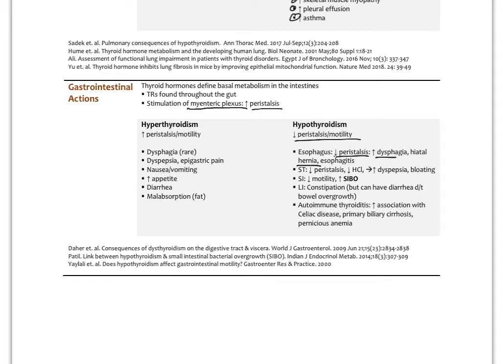In the stomach, hypothyroidism will decrease peristalsis, decrease acid production, and that might increase dyspepsia, bloating. In the small intestine, we're going to see decreased motility and increased overgrowth of bacteria, SIBO. So a lot of people are talking about SIBO as a cause of IBS, all these things.